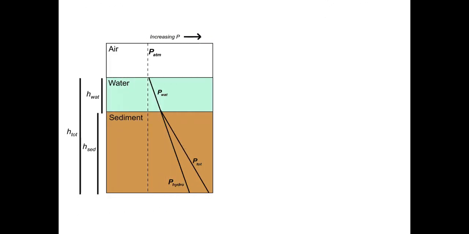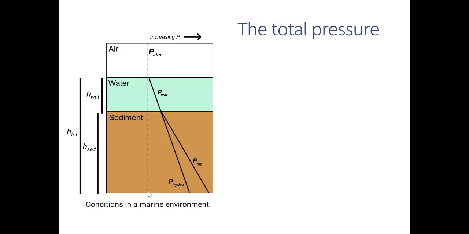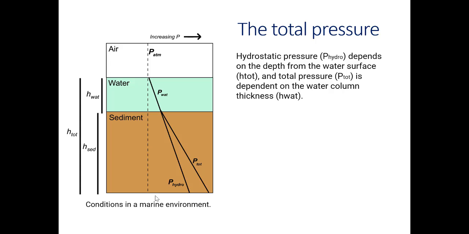Okay, now this is for the other pictures in here. When we have more than one substance, in here we have 3 substances, for example air, water, and sediment. How much pressure does the marine object experience?